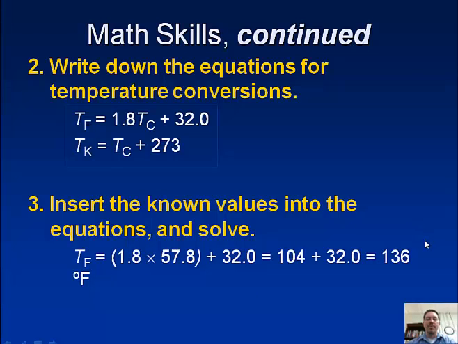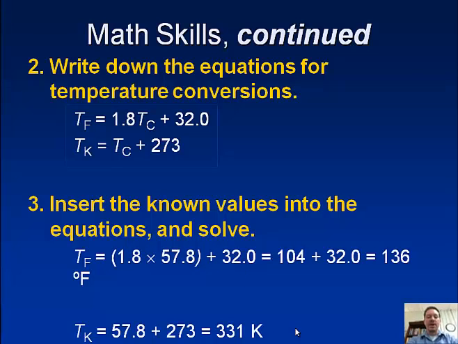Nice warm day. Alright, and then for the Kelvin temperature, 57.8 plus 273 gives us 331 Kelvin. And just a quick note, Kelvin is not actually a degree Kelvin, it's just referred to as Kelvin.